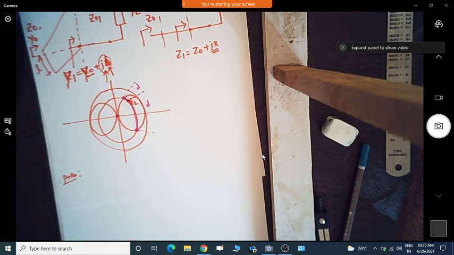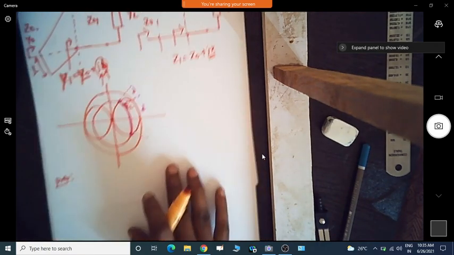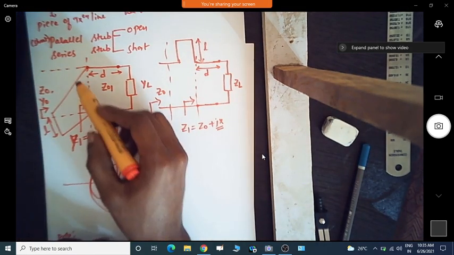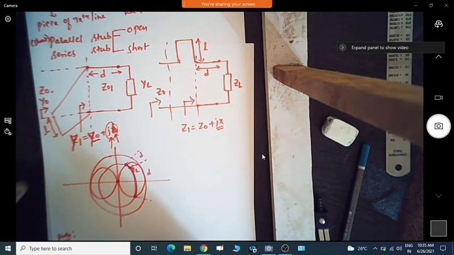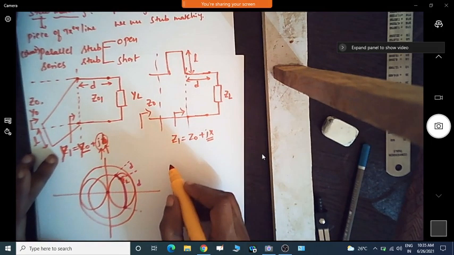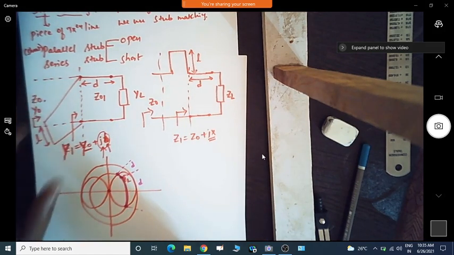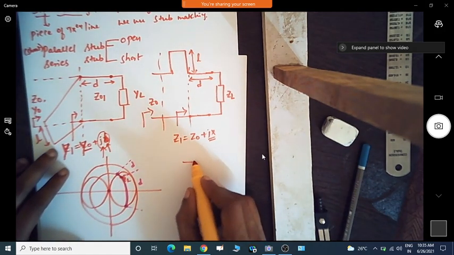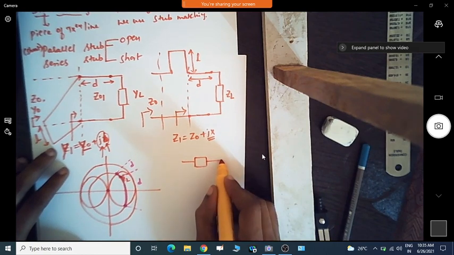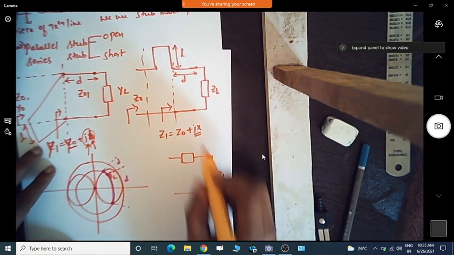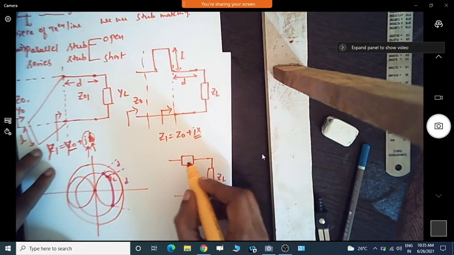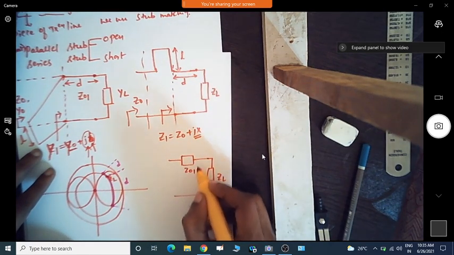One more thing here. Instead of writing this piece of transmission line, we can even use different fabrication technology like waveguide technology or microstrip technology. So we can write this stub in terms of microstrip technology. If we have the ZL, this distance is a transmission line with a characteristic impedance Z1.